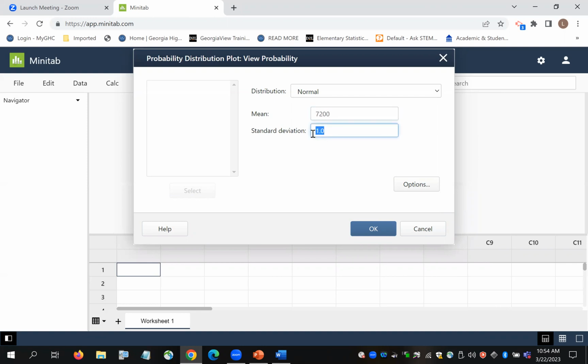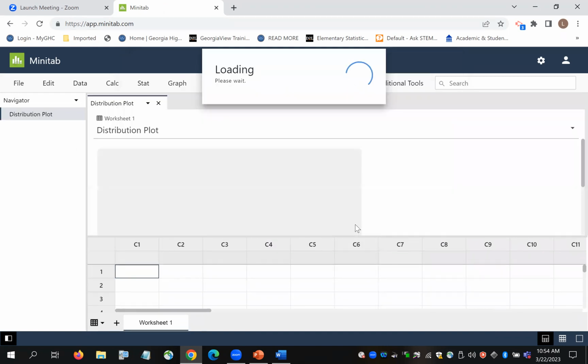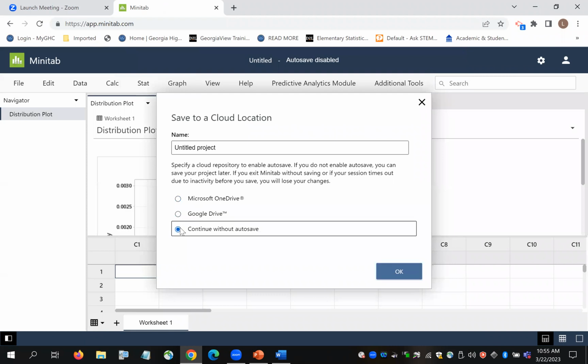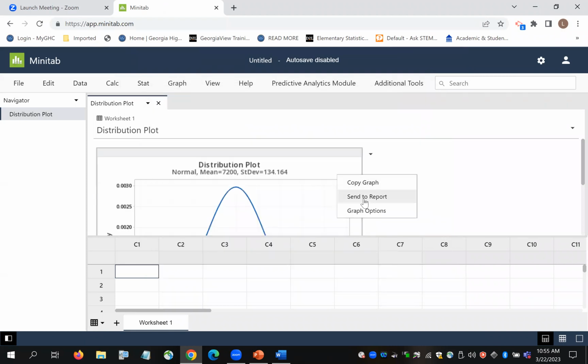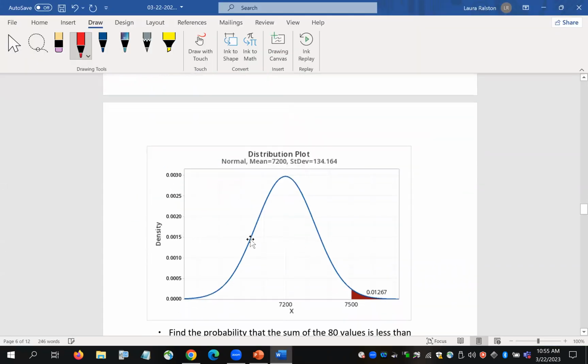The standard deviation is 134.164. I go to options. It is a specified X value. It is the right tail, and it was 7,500. And I click OK. OK. And it gives me the graph which has the answer.